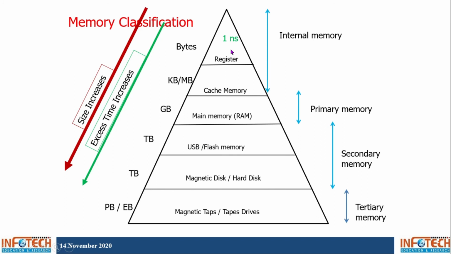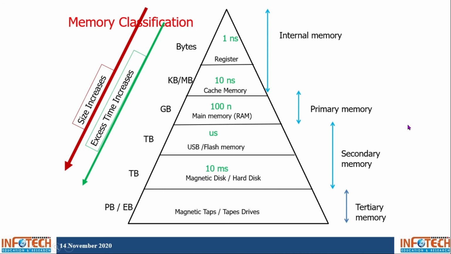The average access time of registers is 1 nanosecond, cache memory, which is also internal memory, 10 nanoseconds, main memory 100 nanoseconds, and USB flash drives are in microseconds. This we have to understand.